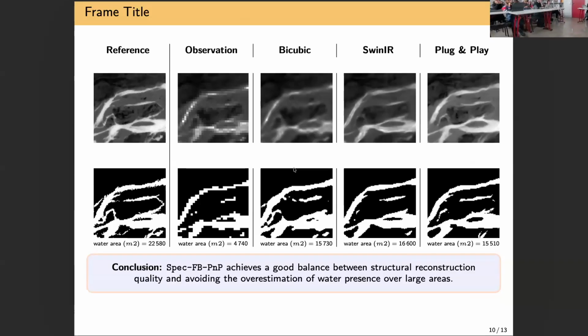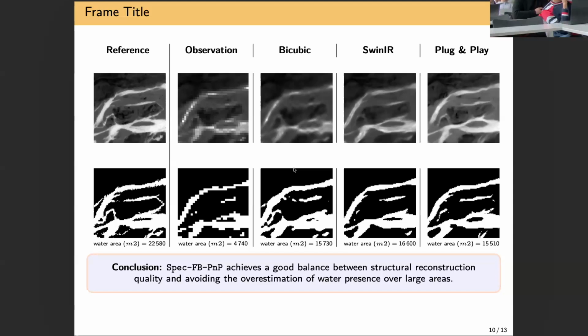To calculate this water area, we first have to calculate the spectral index called NDWI, the normalized difference water index, where you can see the water area in a whiter tint of gray, and when it goes darker, it's more the land. Starting from that spectral index, we thresholded it to calculate the water area and compare it to the reference water area that we have with Sentinel-2 in the first column.